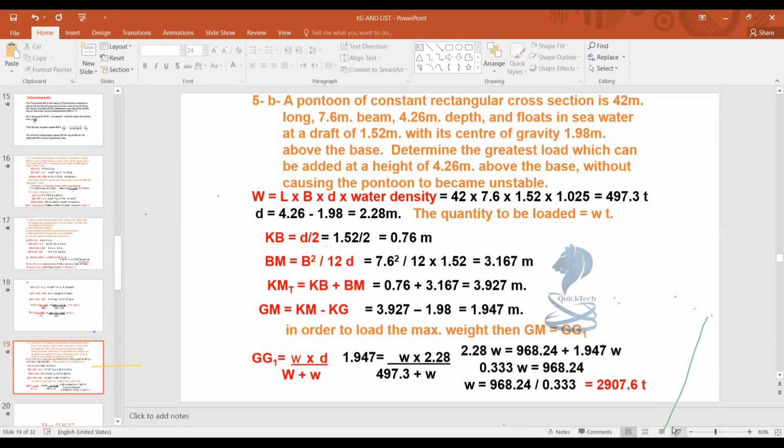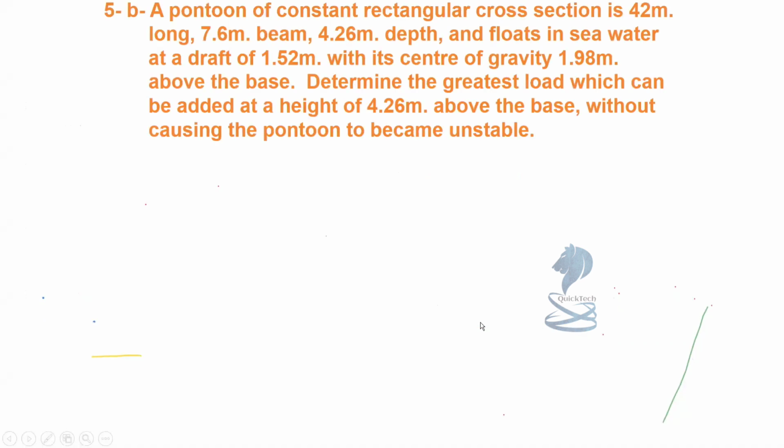Next question. A pontoon of constant rectangular cross section is 42 meters long, 7.6 meters beam, 4.26 meters depth, and floats in seawater at a draft of 1.52 meters with its center of gravity 1.98 meters above the base. Determine the greatest load which can be added at a height of 4.26 meters above the base without causing the pontoon to become unstable.